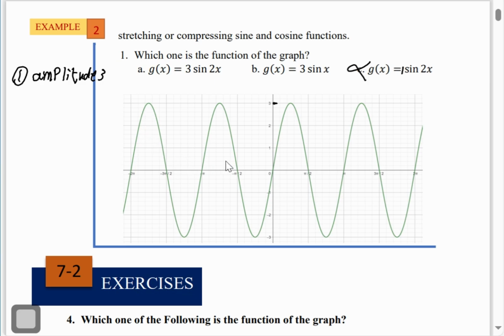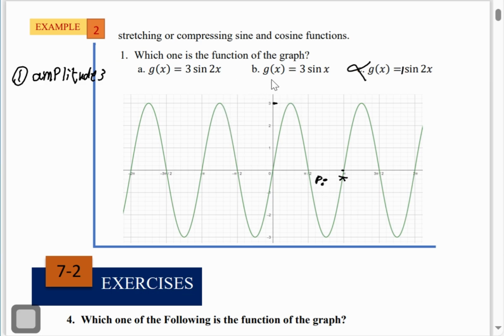Second, we are going to look at the period of this graph. We know that the period of a sine graph is like the letter S. One period here, we have pi. It stopped here, one period, which is pi. It means one period of this function is pi. So we have to find the period for both of them.